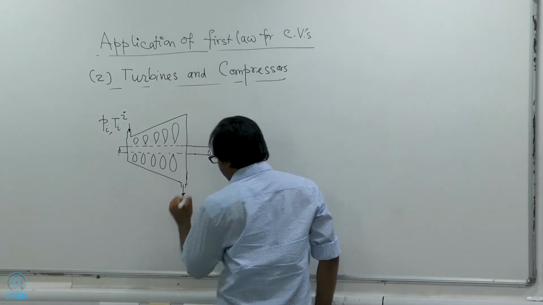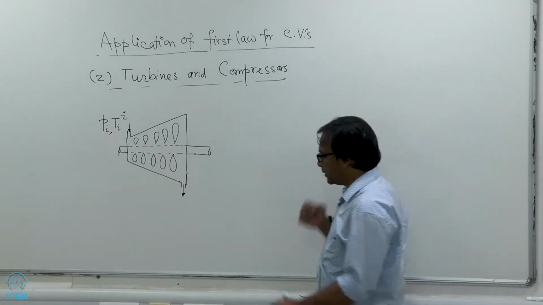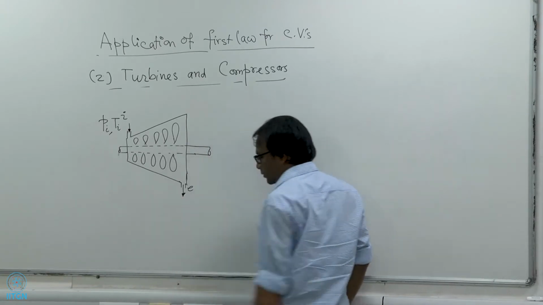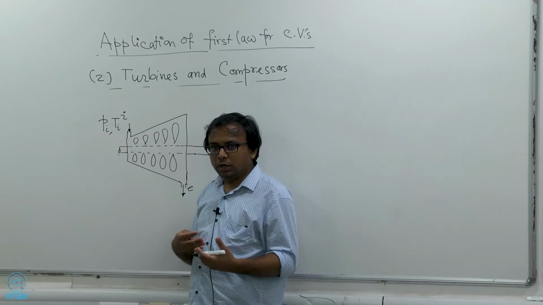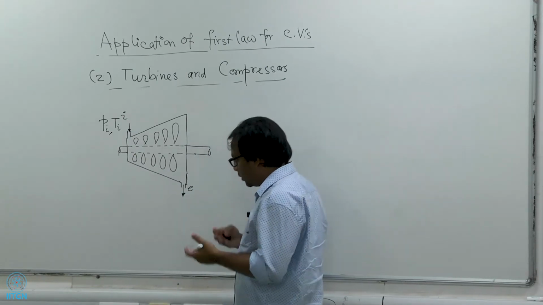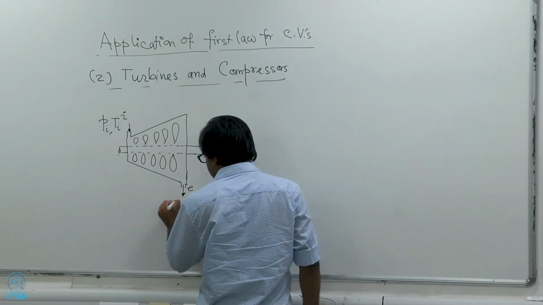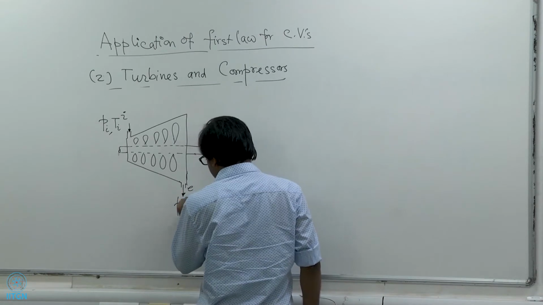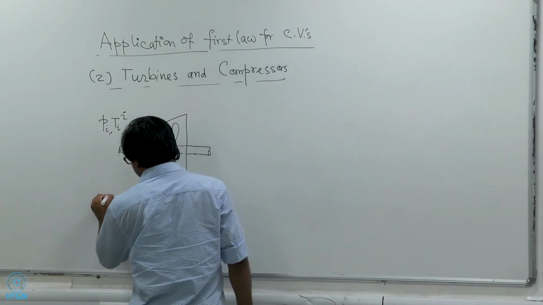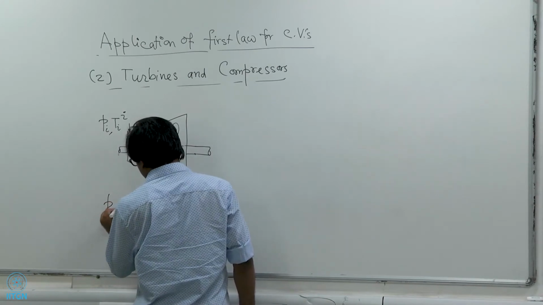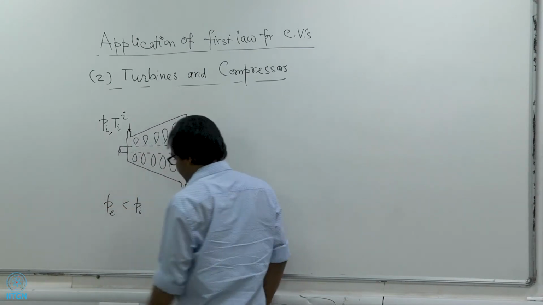What comes out at the exit is typically low pressure, cold steam or a liquid vapor mixture, at PE and TE. Usually there is a large drop in pressure, so PE is less than PI.